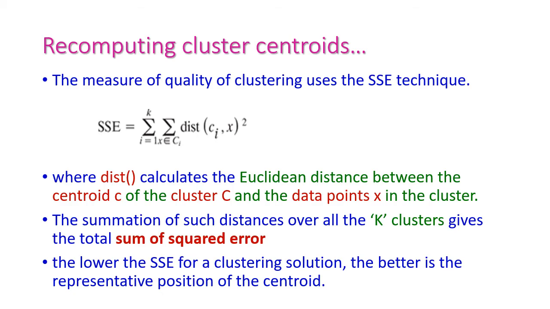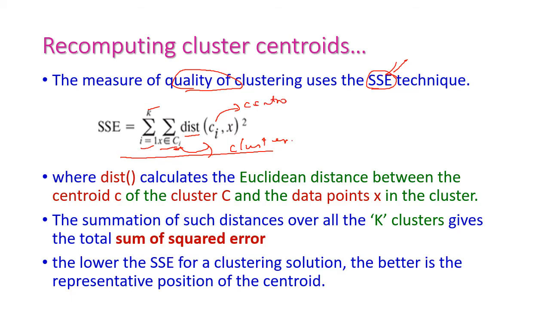Next, we need to measure the quality of clustering by using SSE. SSE means sum of squared error. The formula for sum of squared error is the sum over i equal to 1 to k, and the sum over x belonging to Ci, of dist(ci, x) whole square. Here capital C is nothing but the cluster, and small c is nothing but the centroid of the cluster, right?